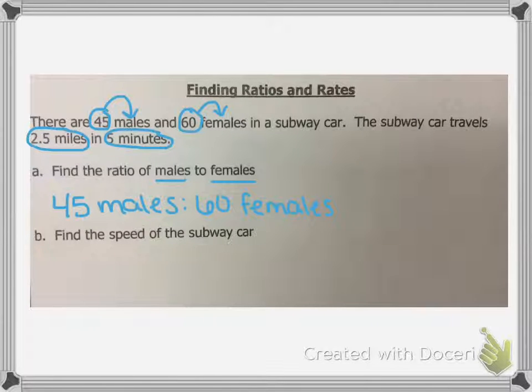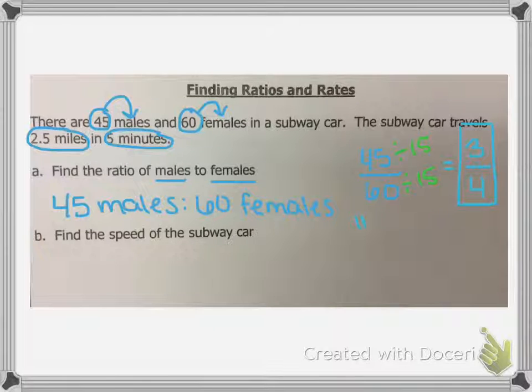But we always like our ratios to be completely simplified. So if I look at this as a fraction, 45 to 60, both of those values can be divided by 15. 45 divided by 15 is 3. 60 divided by 15 is 4, so our ratio is 3 to 4.